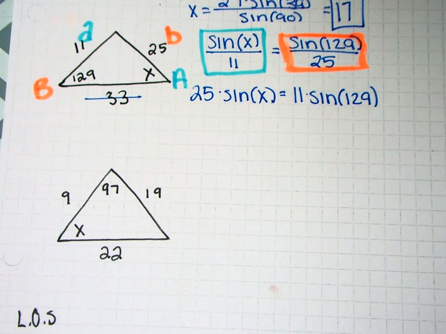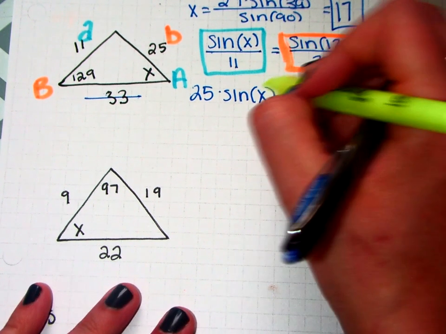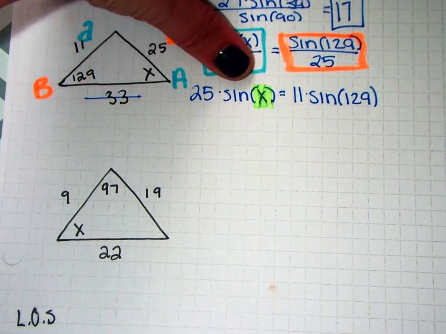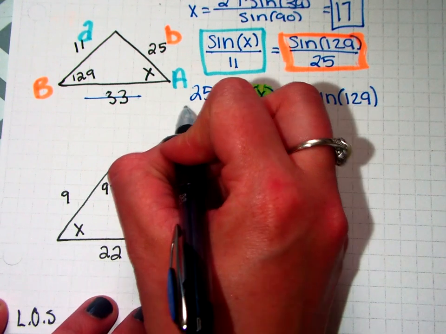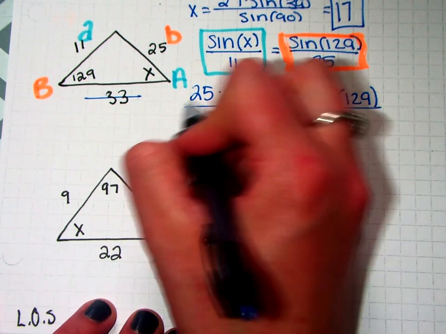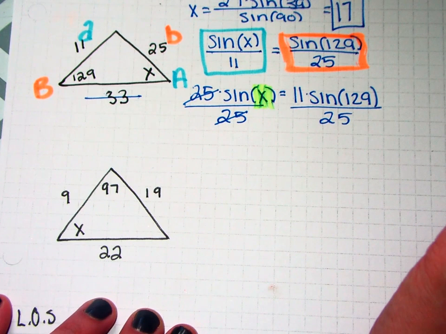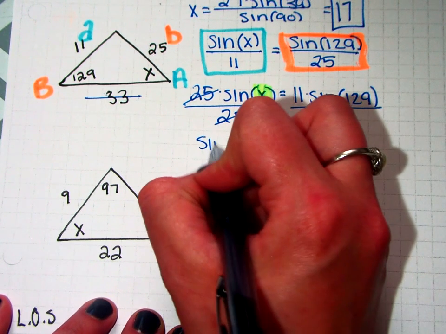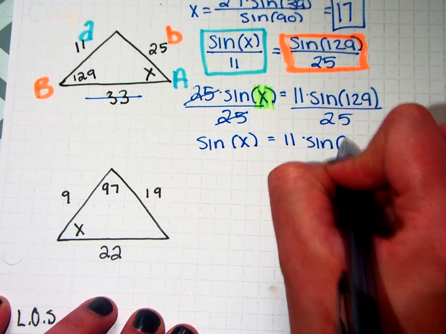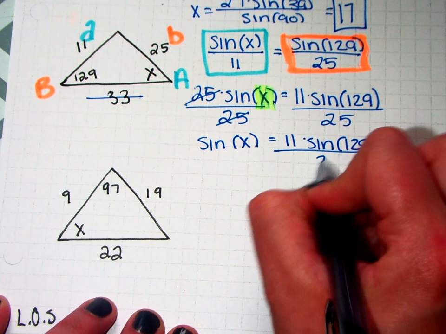This one is very tricky because my variable is now an angle. When the variable is an angle, you need to do an additional step. The 25 is being multiplied to the trig function, so I'm going to divide the 25 away. The 25's cancel, and I'm left with sine of X equals 11 times sine of 129 over 25.